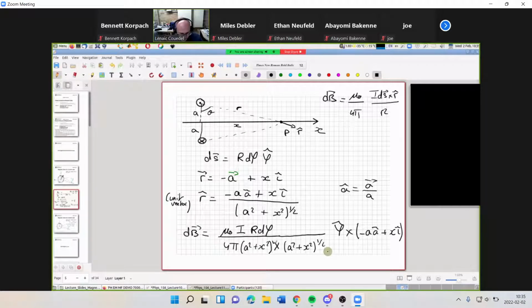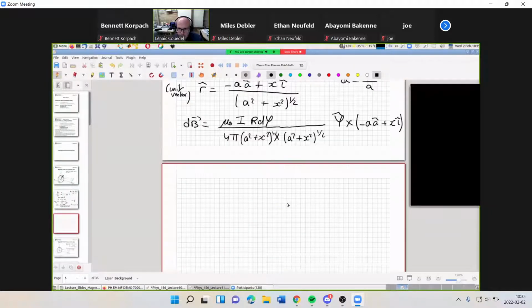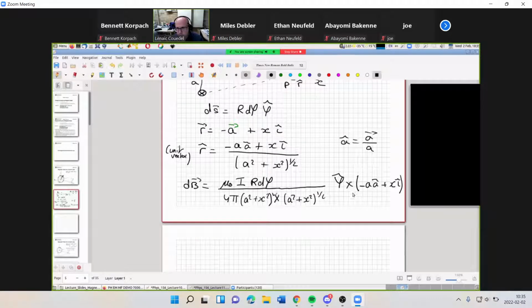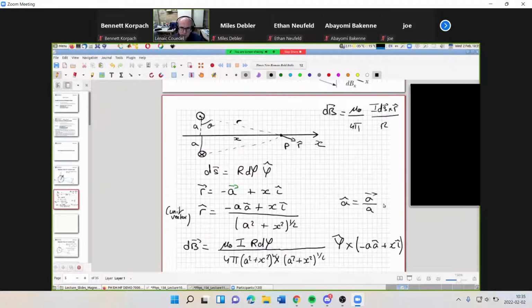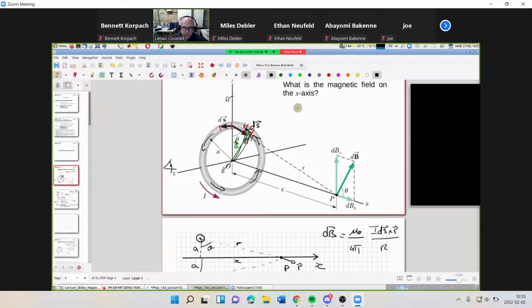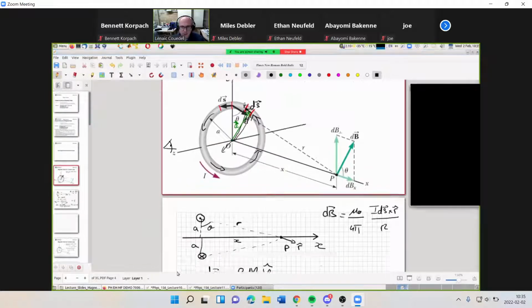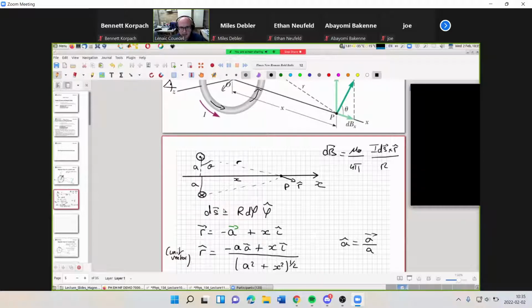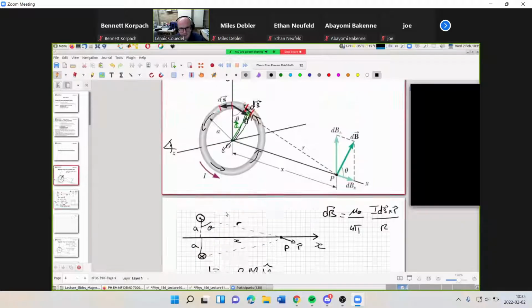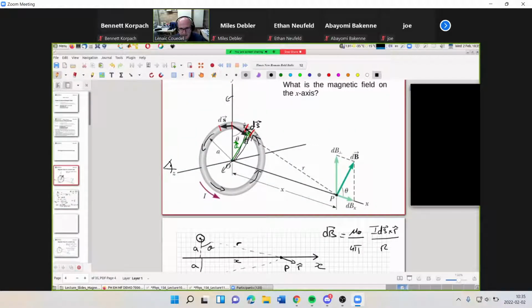To calculate this cross product, you can use the right-hand rule. The phi hat vector here, you see it's the same direction as ds. So ds and phi hat are in the same direction.